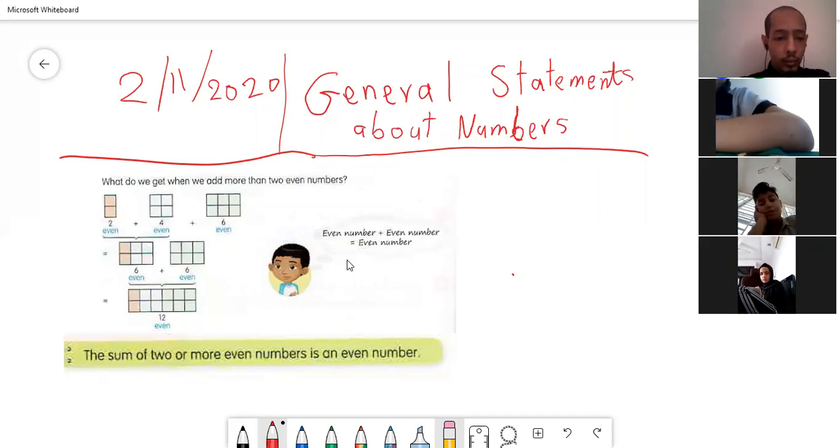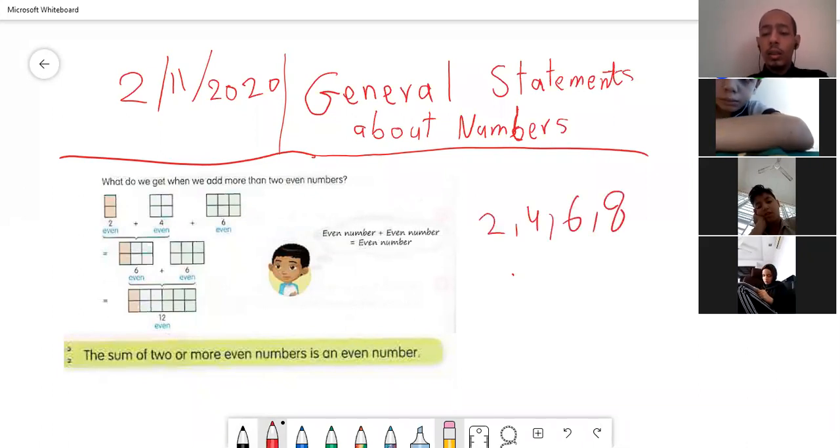I've said that whenever we add even numbers, we know that even numbers are 2, 4, 6, 8, and so on. When we count in steps of 2, or the multiples of 2, they always give us even numbers.